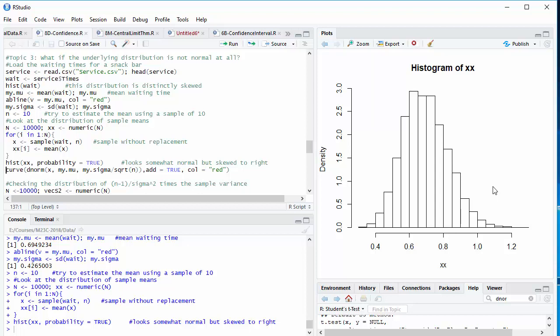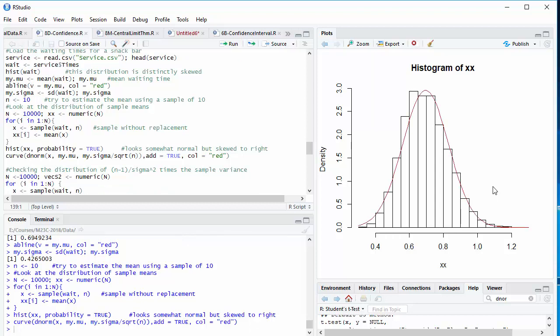The skewness is less pronounced than before, but using a sample of 10 didn't get rid of it entirely. And when I overlay the density function for the normal distribution, it's above the histogram on one side, it's below the histogram on the other side.